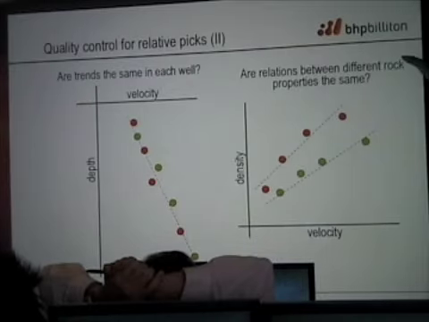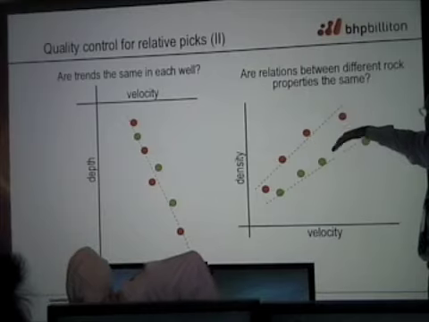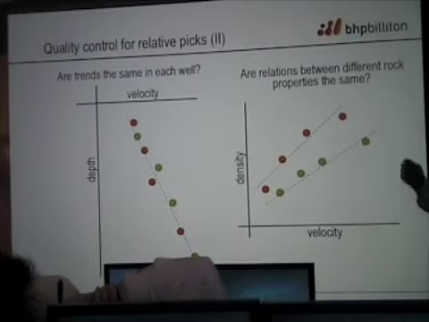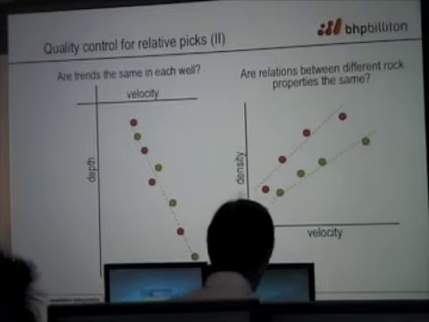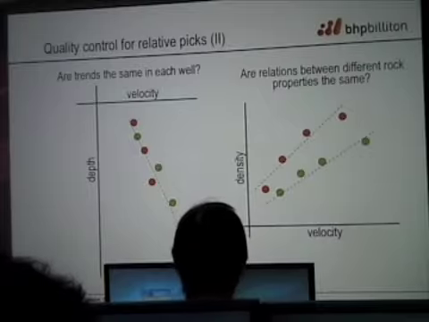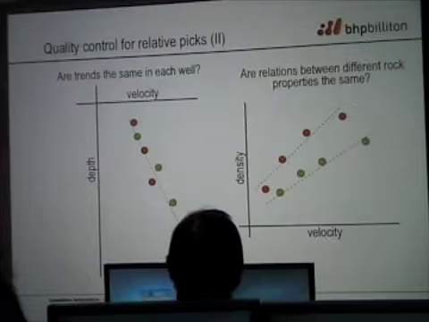But are the relations between the rock properties the same? If they're not, it doesn't have to be density and velocity. It could be something like resistivity and velocity that you compare and you say, hey, they're quite different. That would form some reason for doing some geographic separation.